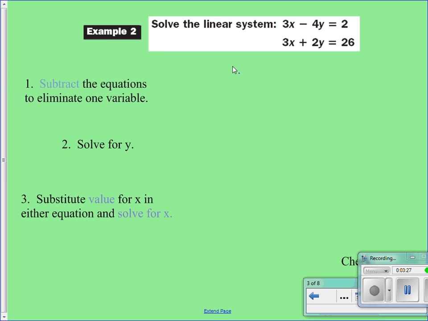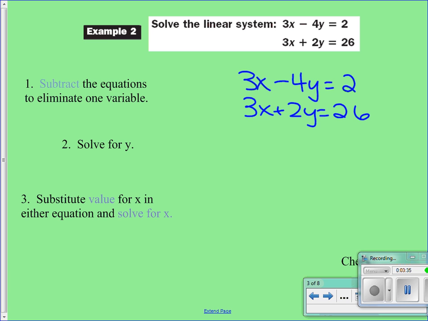You've got 3x minus 4y equals 2, and 3x plus 2y equals 26. Now, do you notice that I have the same coefficient for the x's? I have 3x and 3x. I can make those disappear if I subtract these equations, because 3x minus 3x gives me 0x, and they're gone.